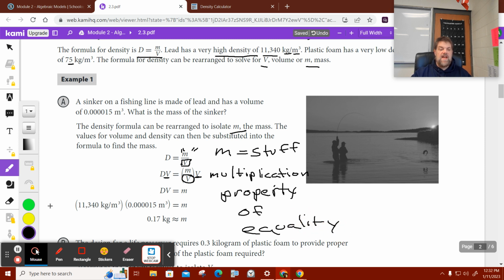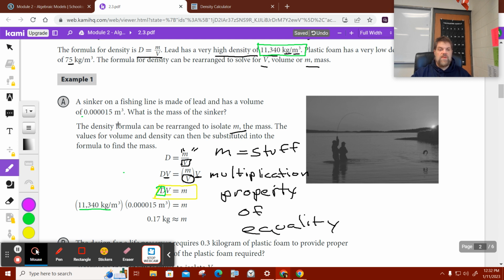So now that I have this formula where I can just plug in the density and the volume and it'll tell me the mass, that's all I do. The density was given to us way up here, where it said that the density was 11,300. So the density is the 11,300.